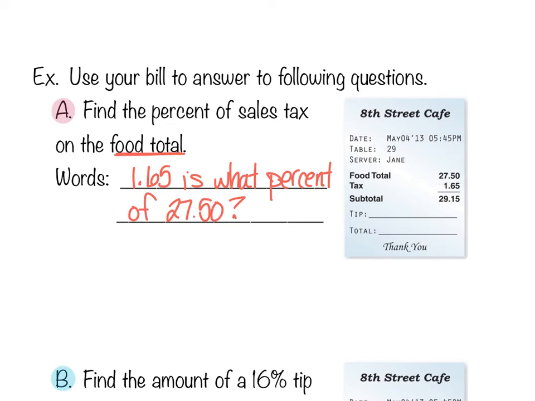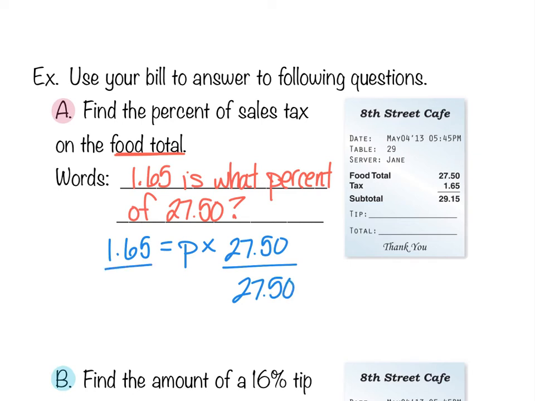So now that I've got it as a sentence, I can convert it into an equation. 1.65 equals, for is, what percent P times 27.50. So now I just need to divide both sides by 27.50 to find out what P is.